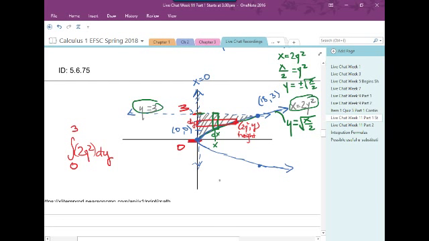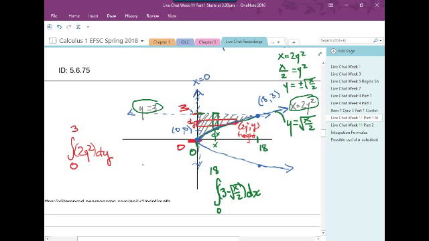So if I wanted to set up and find an integral representing the area in terms of dx, I would have to take y equals 3, the top function, minus y equals the square root of x over 2, the bottom function, in order to get the appropriate height of each rectangle. We would need to integrate that from left to right, x being 0 all the way to x being 18.